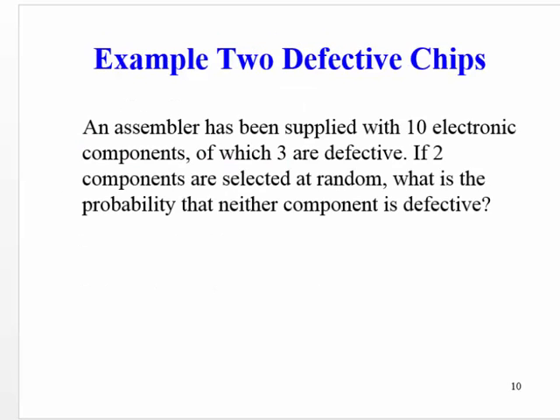Let's see an example. An assembler supplied 10 electronic parts, of which 3 are defective. If 2 components are selected at random, what's the probability that neither component is defective? Neither component is defective. Okay.